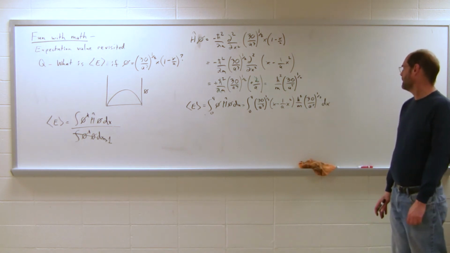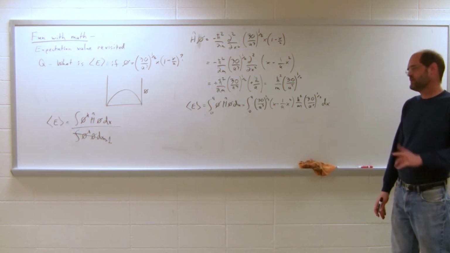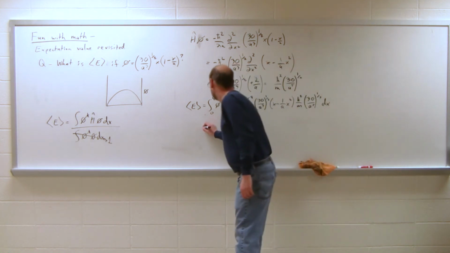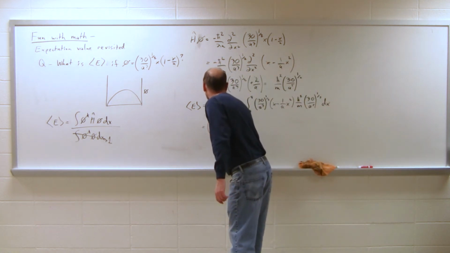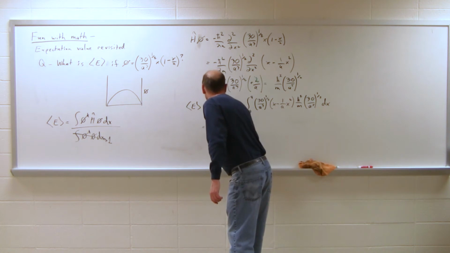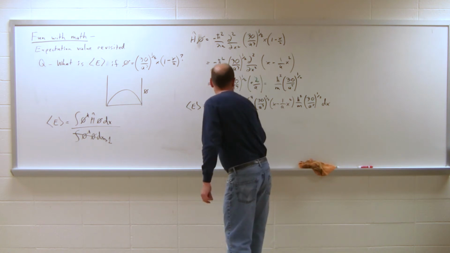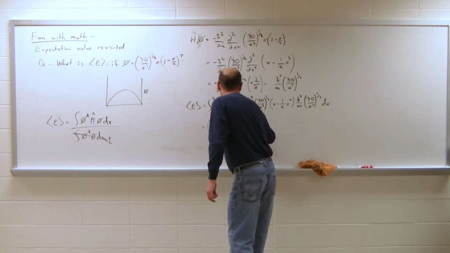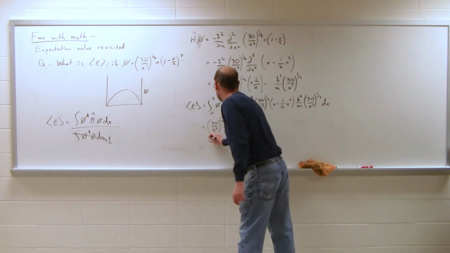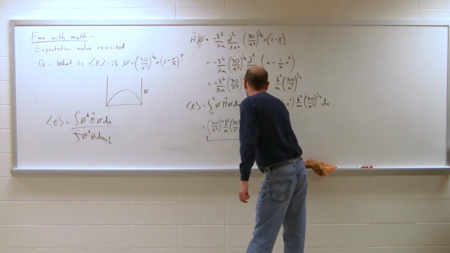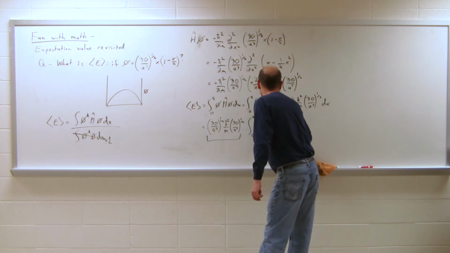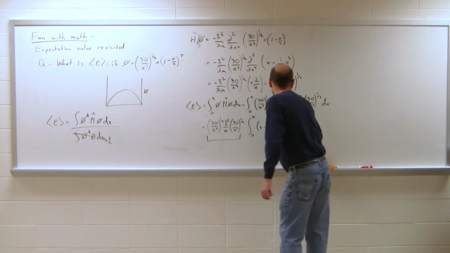Okay. Most of that is just constants, so let's pull the constants out. I'm going to have two integrals equal to (30 over a to the third) to the 1/2, h bar squared over m, (30 over a to the fifth) to the 1/2. I'm going to leave that for now. Integral from 0 to a of x minus 1 over a x squared dx.